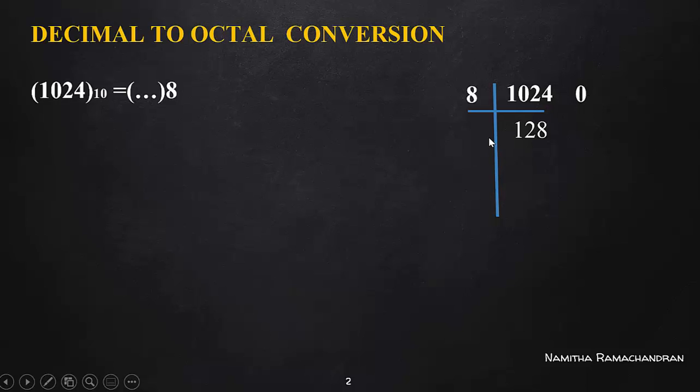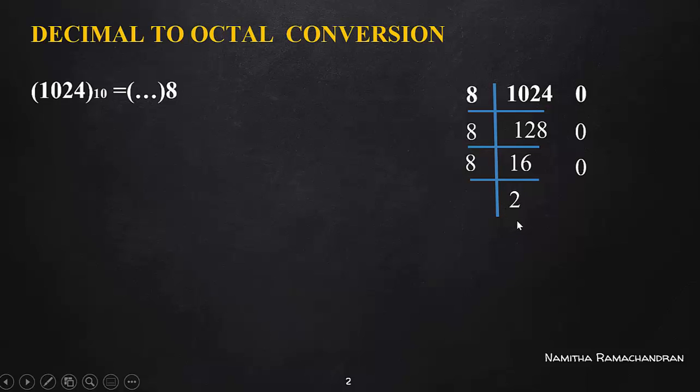Then again, divide this 128 by the same base value 8. While dividing, we get a quotient, write that quotient here and put that remainder here. Repeat again, divide the 16 by 8, we get a quotient 2 and remainder 0. Now this quotient has become less than our base value, so we can stop right now.